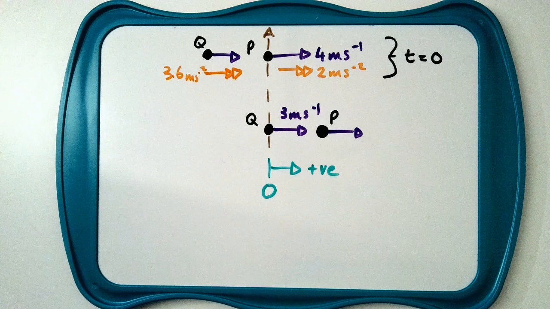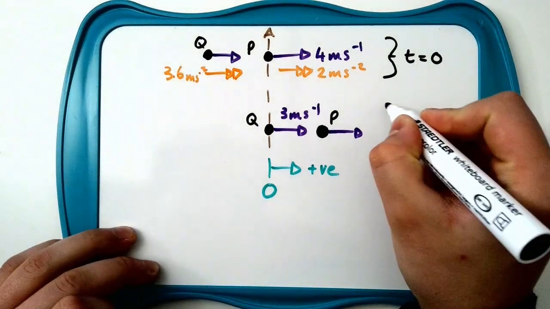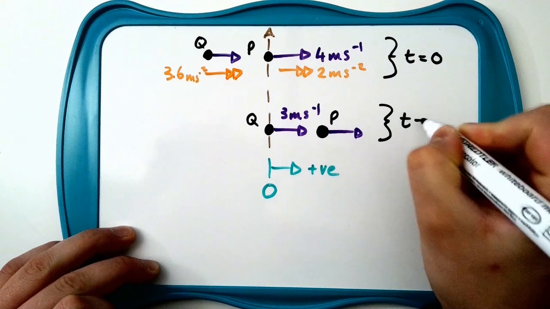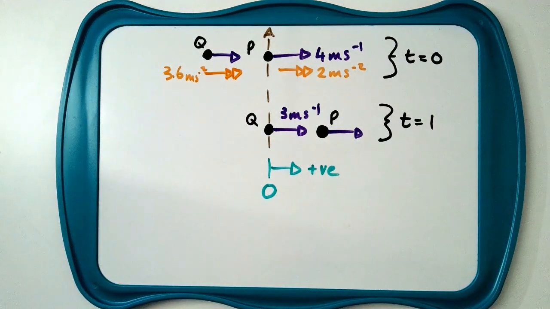So now we need to write down expressions for the displacements of P and Q from A in terms of t, where t seconds is the time after P has passed through A. Oh, I forgot to put this information. This is t equals 1. Okay, good.